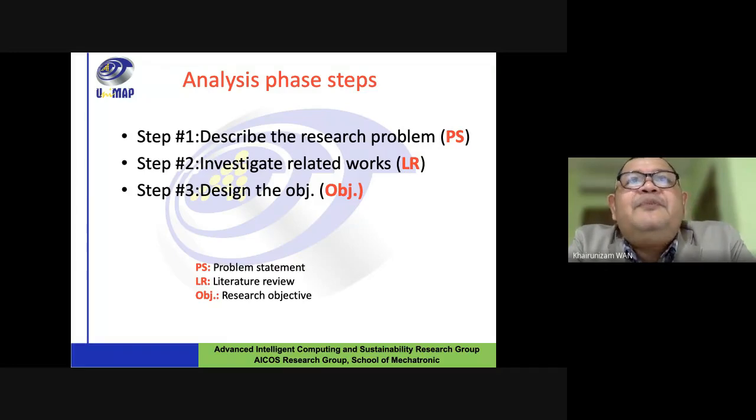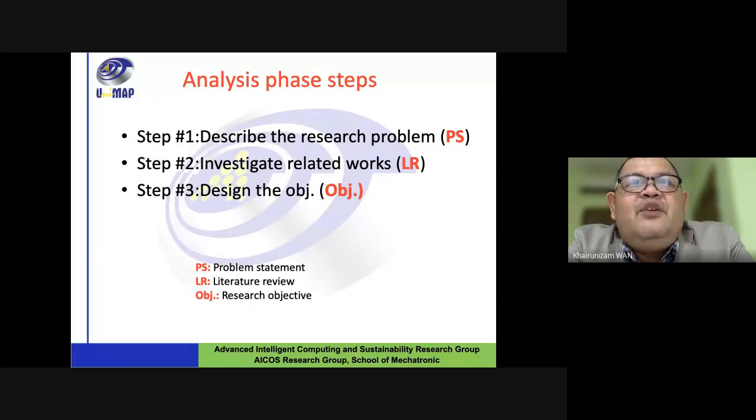The last one, step 3 in the analysis phase, is to design the objectives of the research. The purpose of the research objective is to solve the problem that you have identified in step 1. And how to identify the problem is step 2: you have to do a literature search, read the articles, and then after reading the articles, design the research objective.